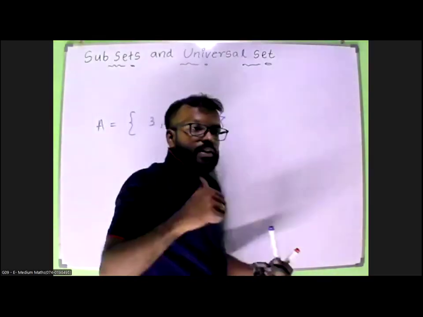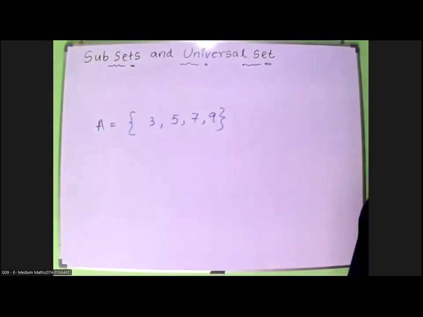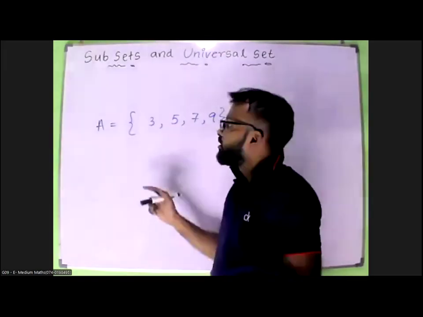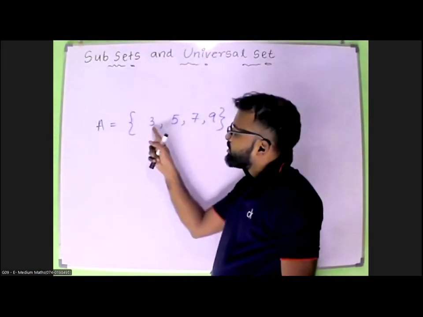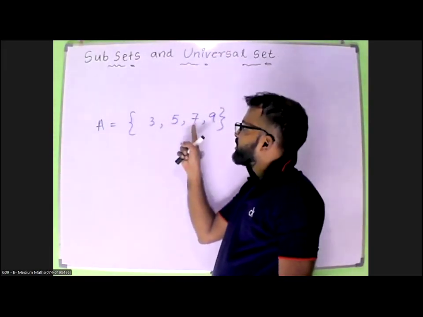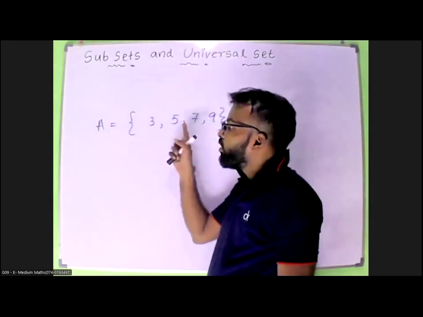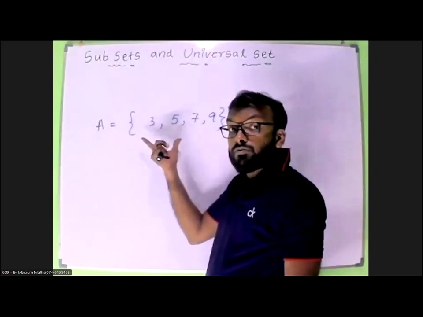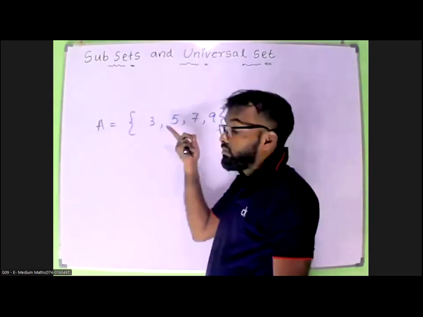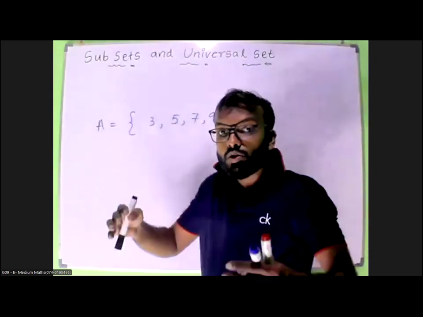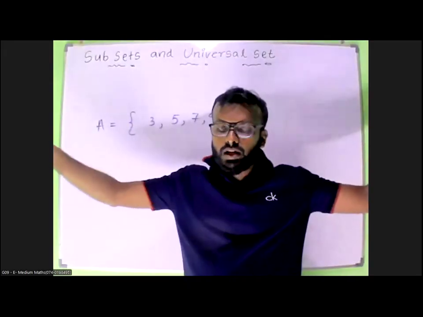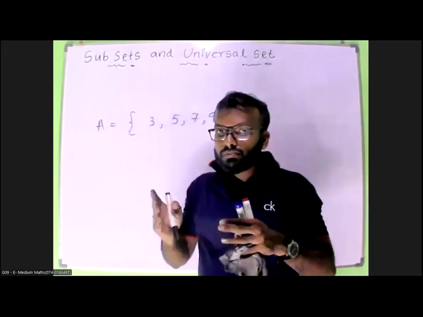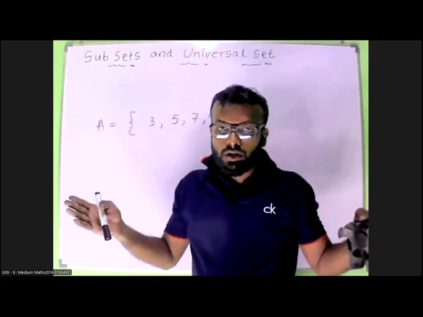By looking at this subset, you can say this is an odd number, this is an odd number, all are odd numbers. Now this is the subset. The universal set should be bigger than this one, it should be more than this.